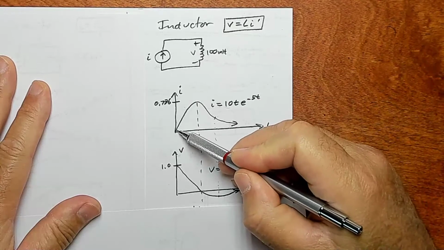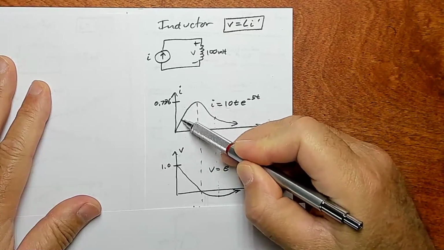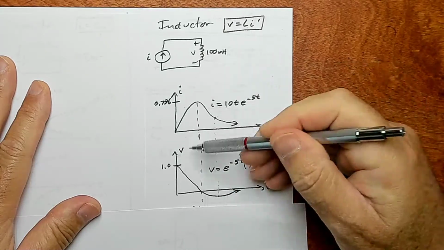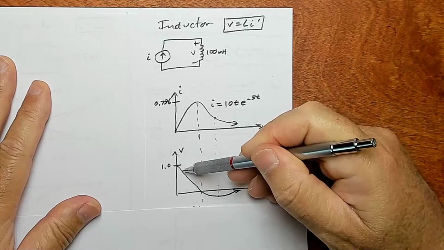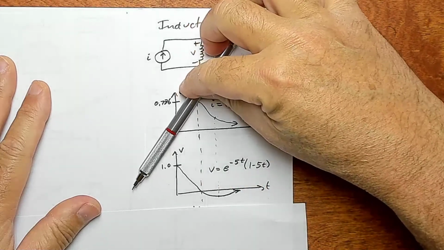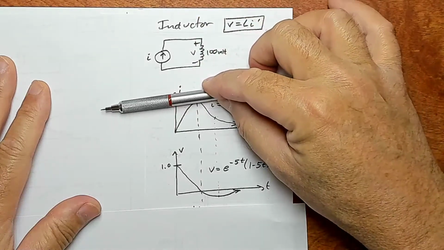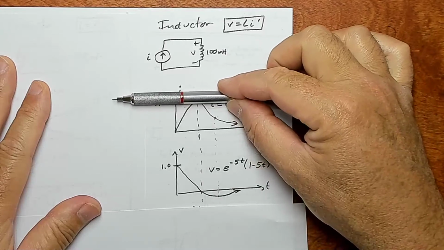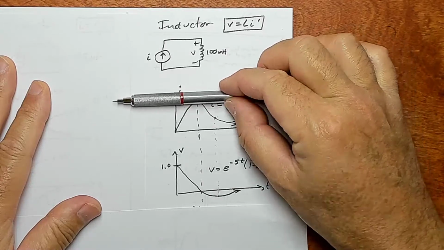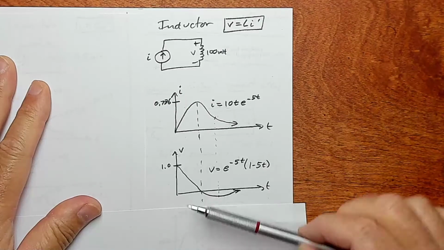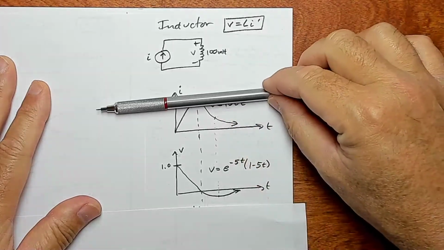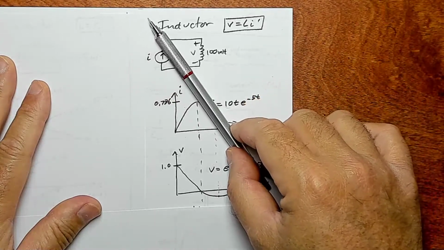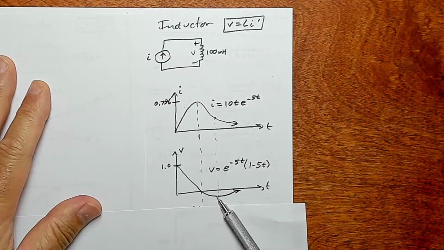On this part of the curve, the slope is positive. So the derivative is positive, so V will be positive. But the slope is decreasing over time, so the voltage is decreasing, but it's still positive. At the maximum, the derivative is 0, so the voltage is 0. And then the slope of the current is negative, so the voltage is negative.